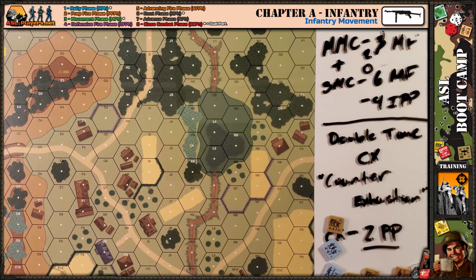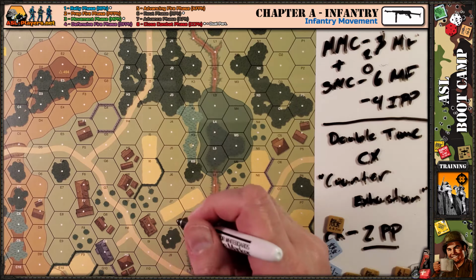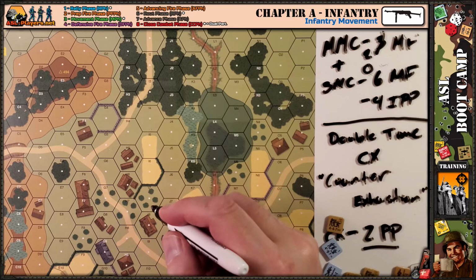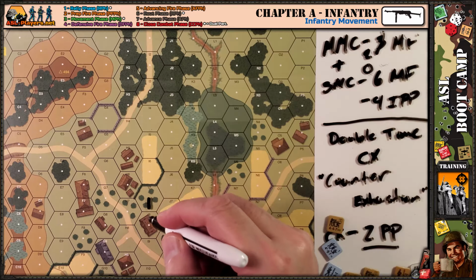Use the chapters. They're broken up by subject so you can navigate around very easily. Next time, I'm going to cover bypass movement. It's essentially the same mechanics of movement, but it allows you to move around things. Say I want to go through this hex.